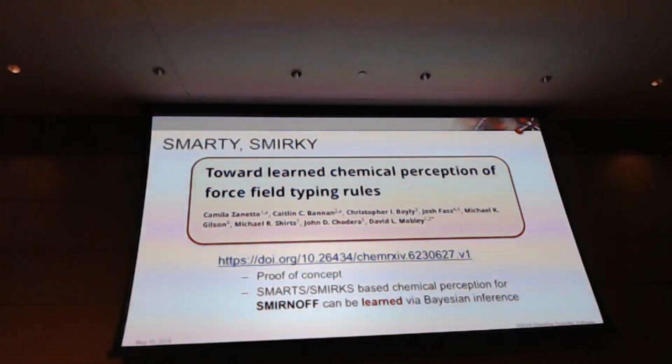So this was on basically pretty toy problems, but we were just trying to see if we could do it, and we can. And that is really amazing. That, I think, is how we're going to carry forward a lot of the effort. It's very exciting to me. Imagine being able to do the machine learning of the chemical perception, and then at the end of the day, you'll have SMARTS strings which you can actually see and interpret and understand.